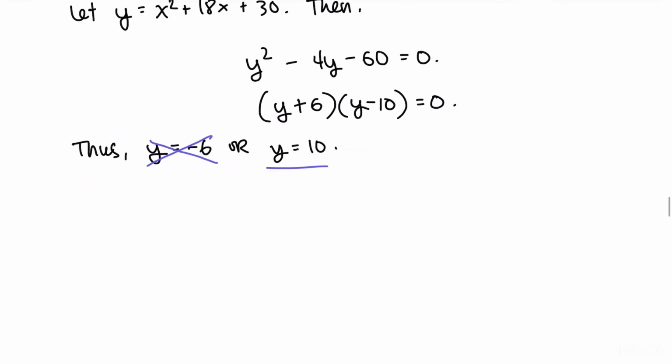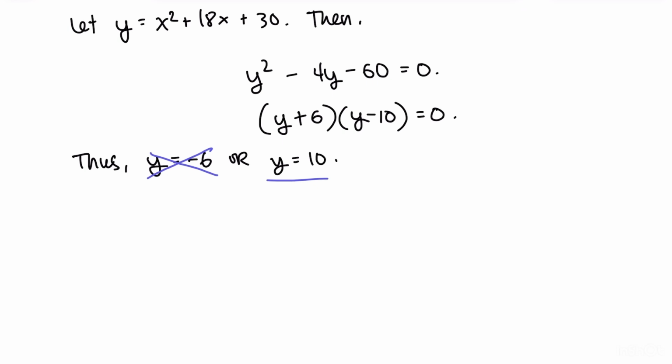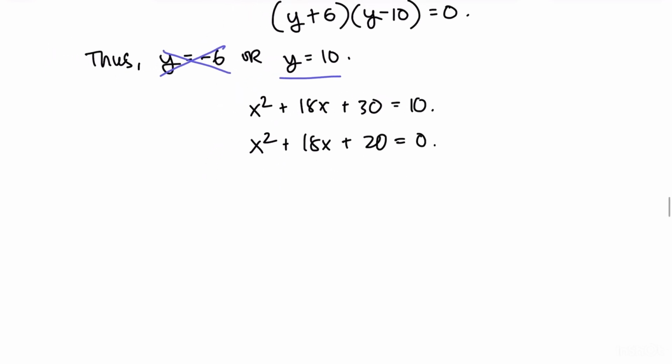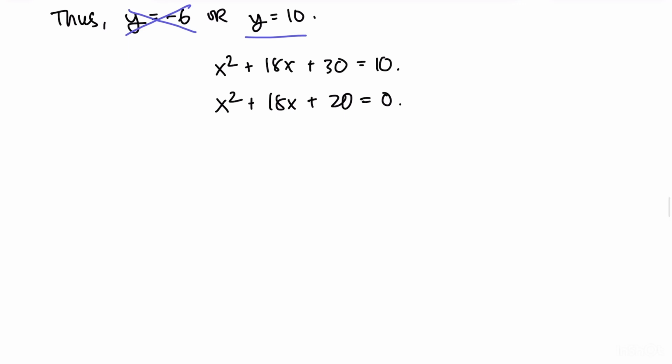Now I'm gonna go back to this x squared plus 18x plus 30. So this is equal to 10. And now x squared plus 18x plus 20 equals 0. Now I'm gonna check if the roots of this equation are real.